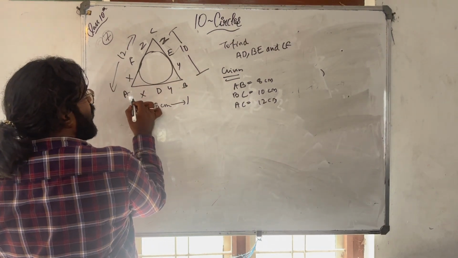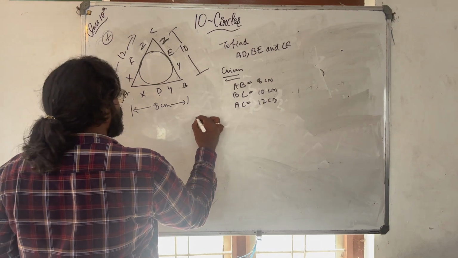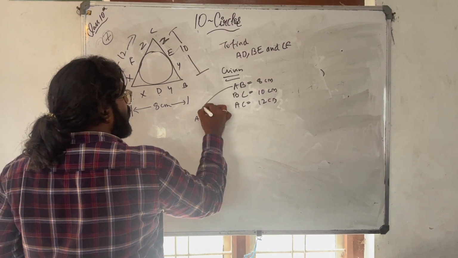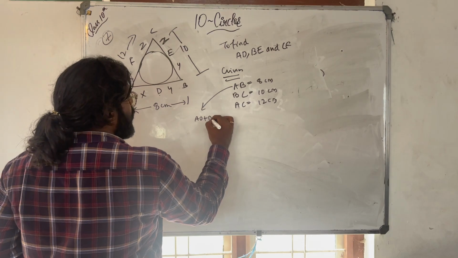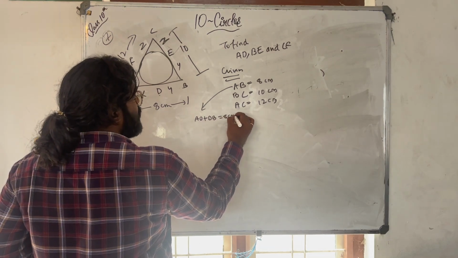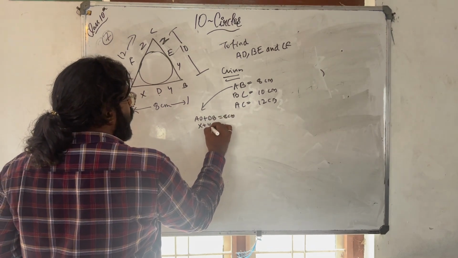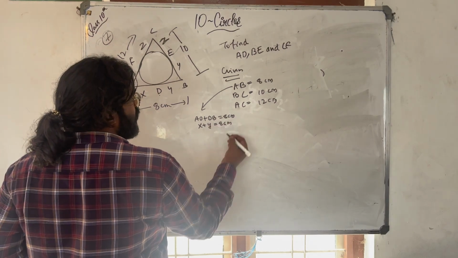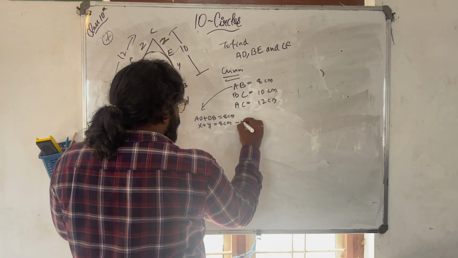AB is X plus Y, right? AB can I write as AD plus DB, which is X plus Y is equal to 8 centimeters. I'll mark it as equation number 1.